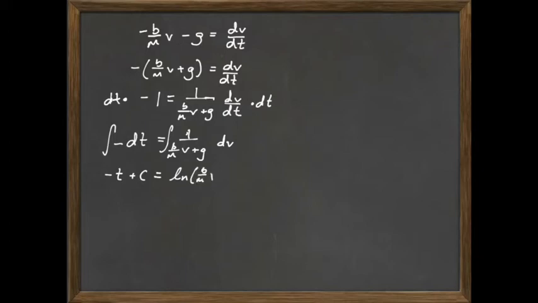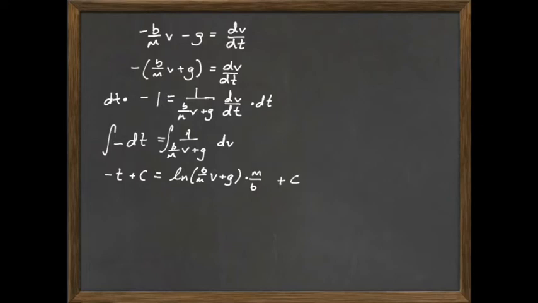So in this case, it would be the natural log of all the stuff that ended up on the bottom. Because there's a chain rule aspect, the chain rule derivative with respect to v pulls out a b over m. So in order to cancel that b over m, there had to be an m over b on the outside. And then, of course, plus a constant.